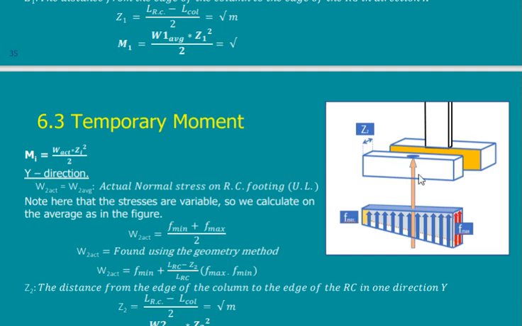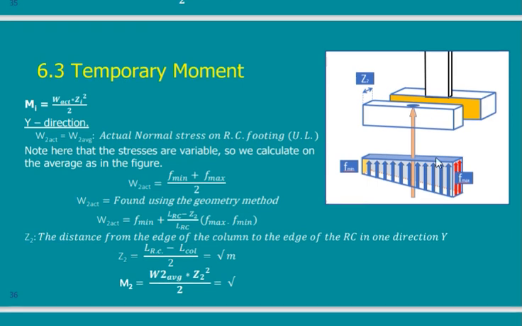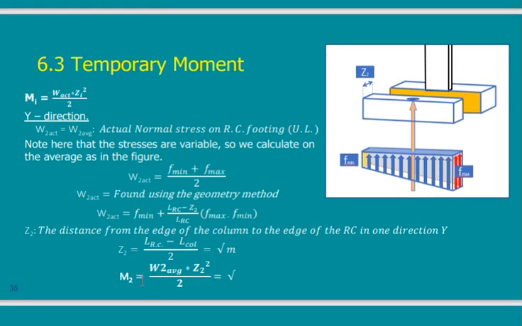The stress below the cantilever is maximum from one side and minimum from the other side. So you have to replace this shape with just one force at a distance of Z2 from the edge of the column, and so you will calculate M2. So you will have M1 in the long direction and M2 in the short direction.